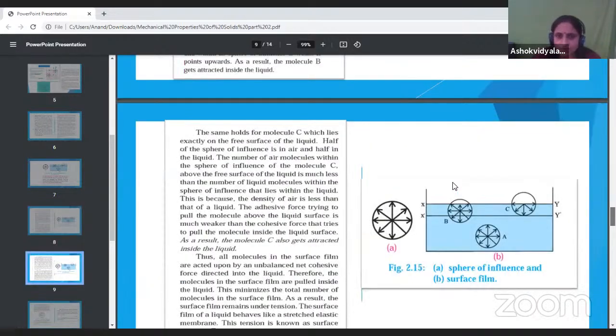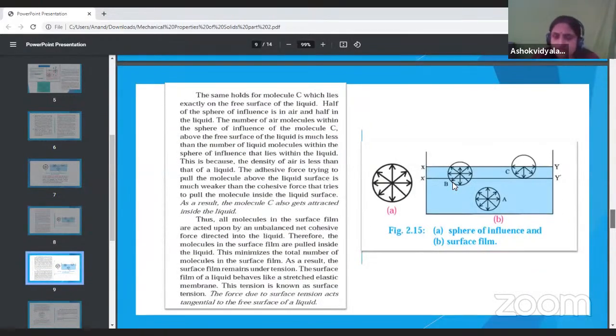आता पॉइंट सी बघूया. The same holds for the molecule C, which lies exactly on the free surface of liquid.